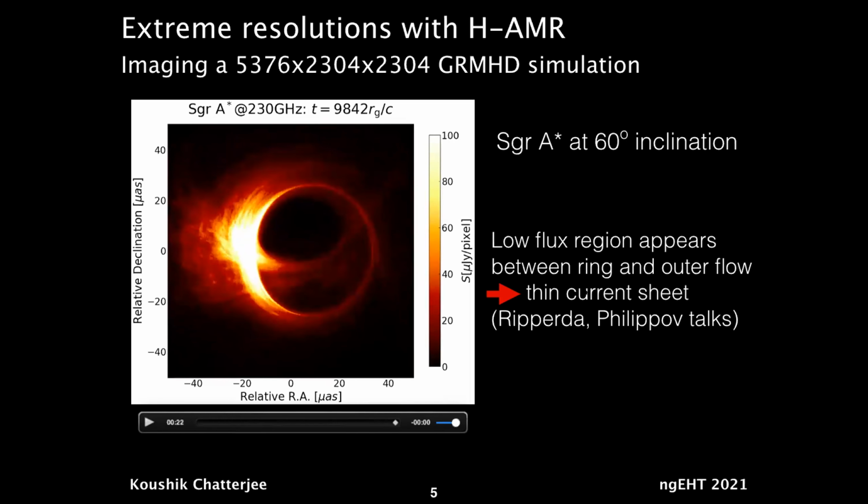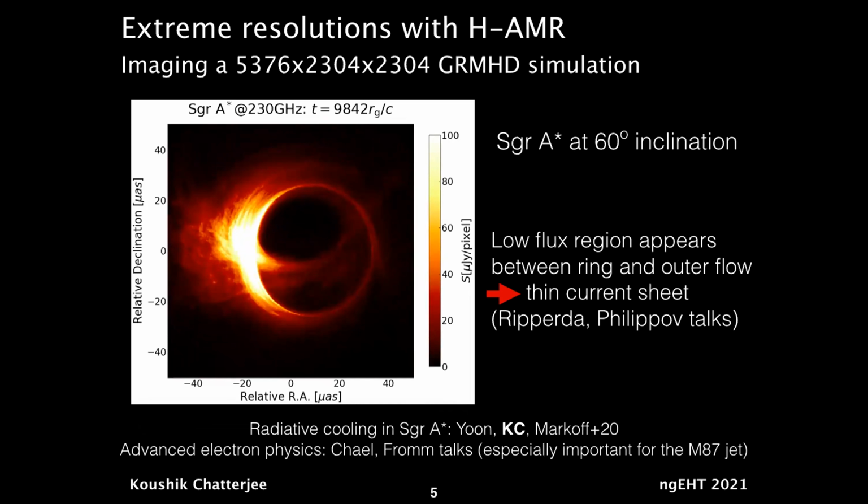This is because the flux eruption is a result of the formation of a thin current sheet, and this has been referenced before in Bart Ripperda and Sasha Philippov's talks yesterday and this morning, respectively, where they talked about the physics of reconnection.